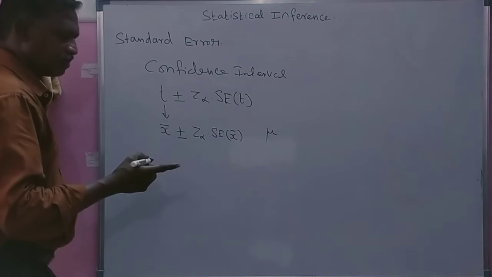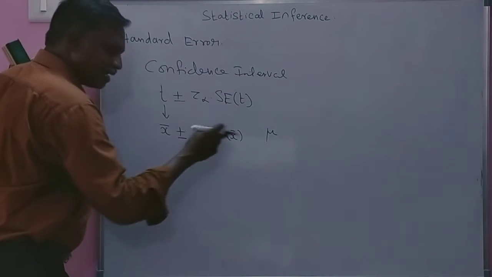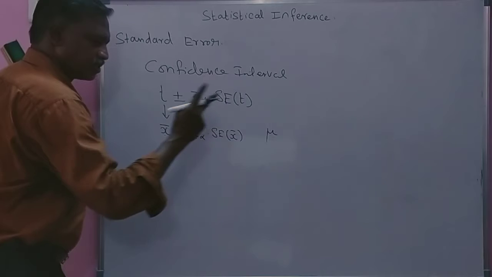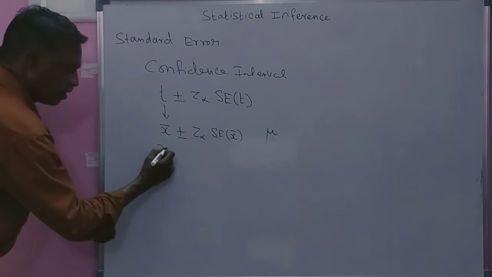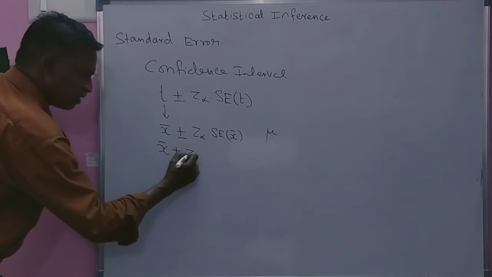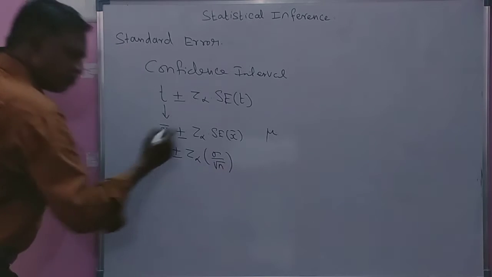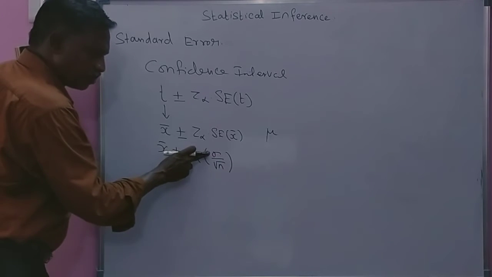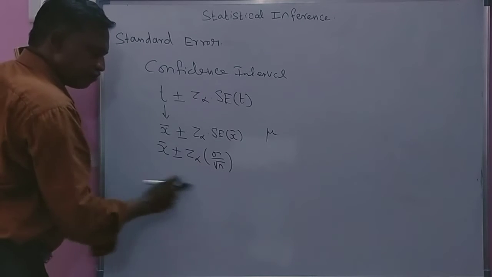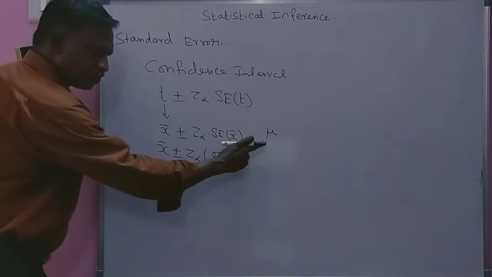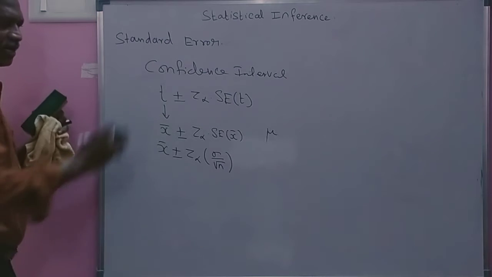A confidence interval gives the probability that the population mean lies between two numbers obtained by this formula: x bar plus or minus z alpha into sigma by root n. If we know the population standard deviation and sample size, then from the sample statistic x bar we can find the range in which the population mu lies, using the standard error.